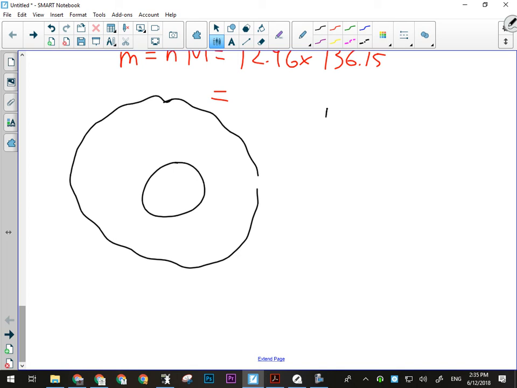For beryllium, the atomic number is 4. What does the atomic number tell me? It tells me protons and electrons, because those have to balance each other out, right? The net charge has to be 0. So I would go 1, 2, 3, 4 protons, and I would go equals protons, and then 4.